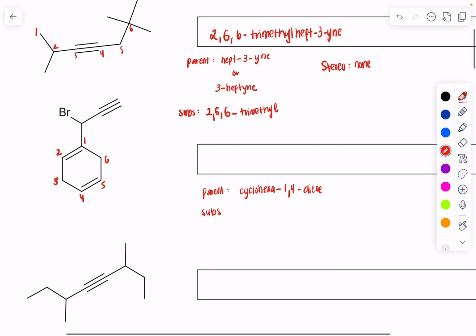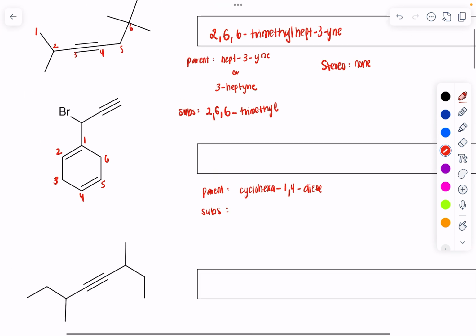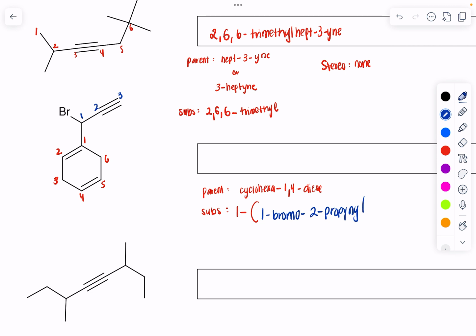Then our substituents, right? So we know we have a substituent at 1, and we know we have to start numbering from there, so 1, 2, 3. So we have 1-bromo, and then you can either write 1-bromo, 2-... This is a 3-carbon chain, so propynyl. Remember, YNYL.